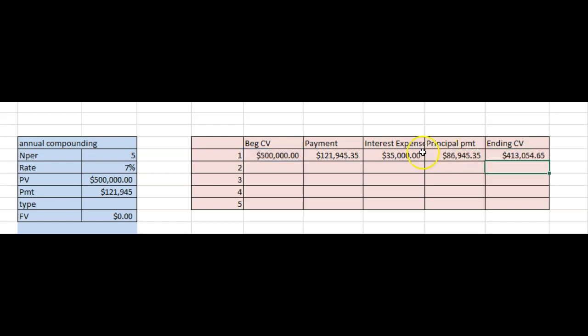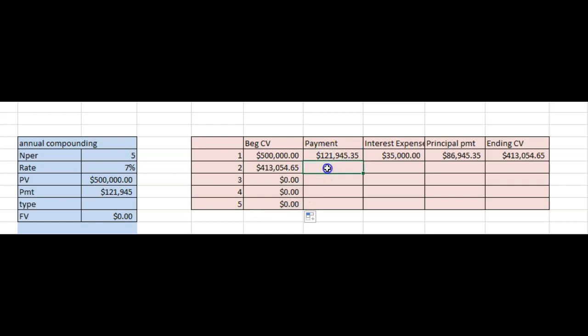Okay, then when I get down to the second year, I'm going to type equals, and then click on that cell. Since that references the prior year, all I have to do is drag this little handle here, and those will fill in.